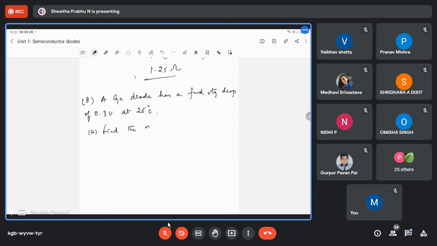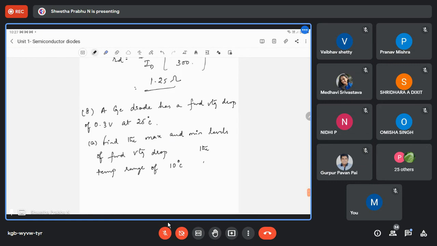Find the maximum and minimum levels of forward voltage drop over the temperature range of 10 degrees Celsius to 80 degrees Celsius.